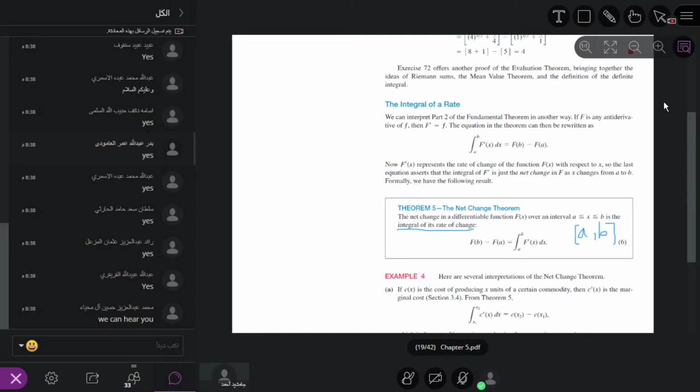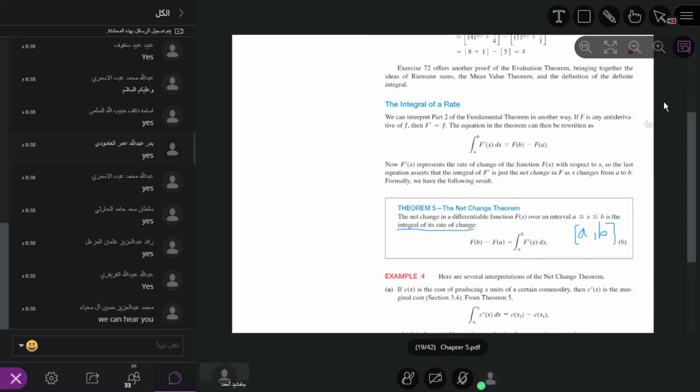If you see the fundamental theorem of calculus 1, there we first take the integral from a to x, then we take the derivative. Here it is the opposite. It means first we take the derivative, then we take the integration.